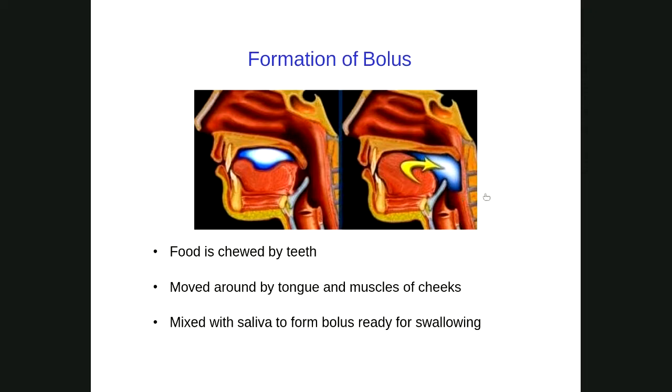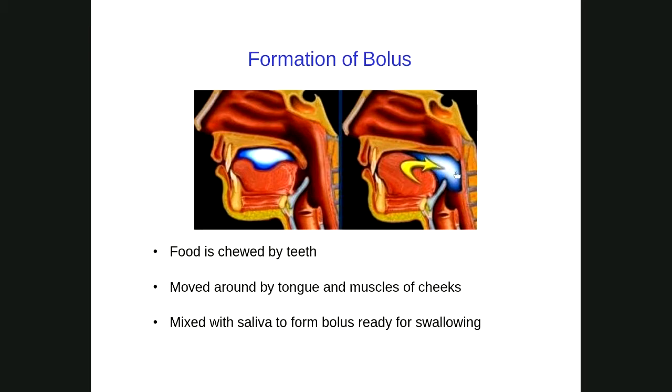And of course, the beginning of this swallowing is voluntary, which is under control. The tongue, which is controlled voluntarily, pushes the bolus of food into the pharyngeal region.